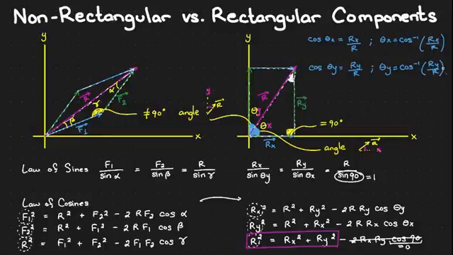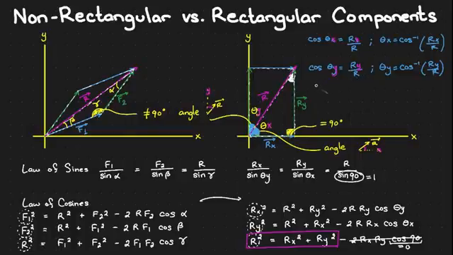I hope you see there is a pattern that is emerging here. If we are interested in the cosine of the angle between the resultant and the x-axis, well, we better make sure that we have the x component of the resultant and the resultant itself. Again, if we're interested in the cosine of the angle between the resultant and the y-axis, we better make sure that we have the y component of the resultant and the resultant itself.